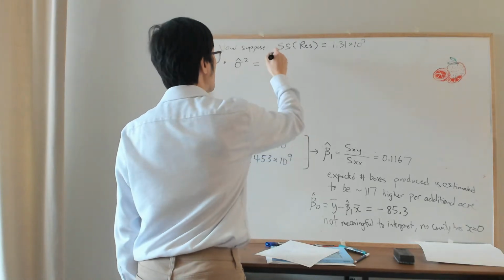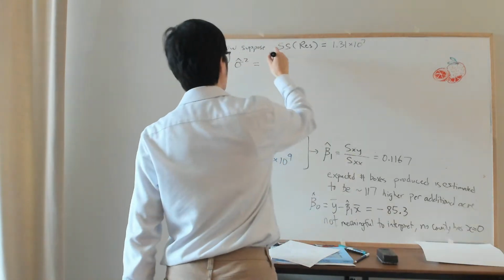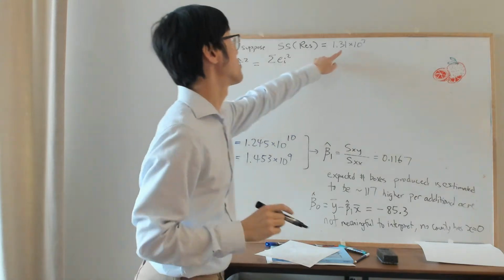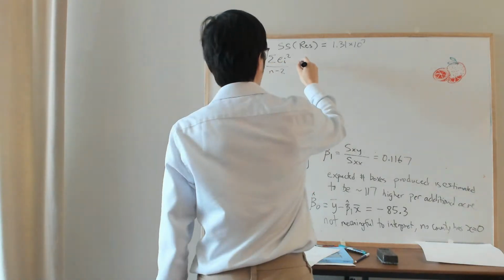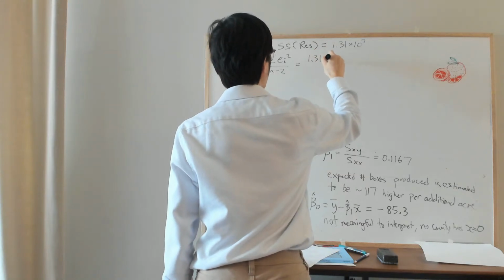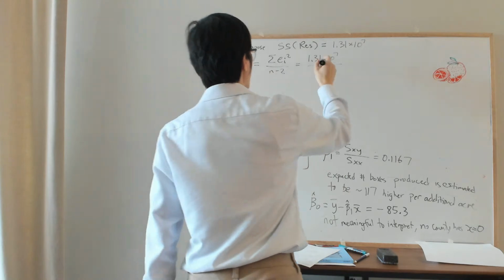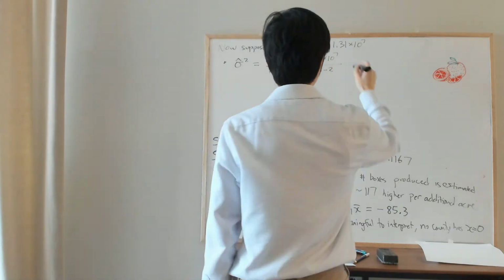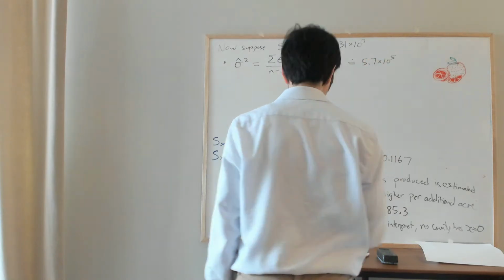So what is this? Remember in our notation, it's the sum of squares of the residual, so that's exactly this number, divided by n minus 2. So we can plug in 1.31 times 10 to the 7, and then we have 25 observations, so 25 minus 2. So that's about 5.7 times 10 to the 5th.